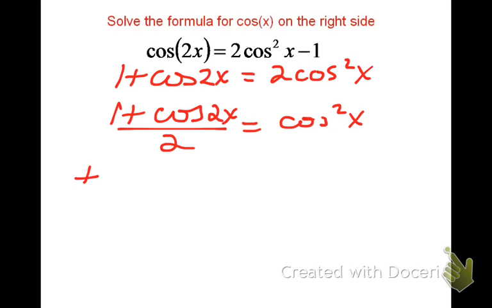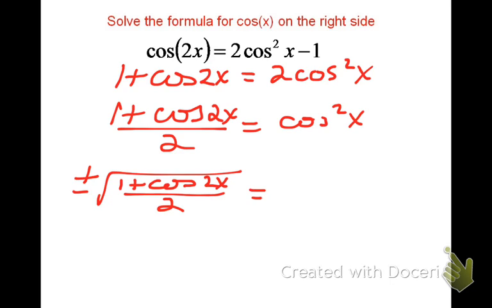And finally, I'll take the square root, which will leave me with plus or minus the square root of 1 plus the cosine of 2x over 2, all of that under the radical, equals cosine of x. Notice that inside the formula is the 2x for cosine, and that is equal to the cosine of 1x, or that the cosine of 1x is half of the angle that's used inside the formula.